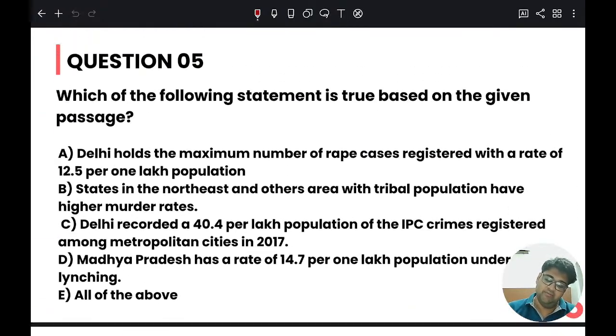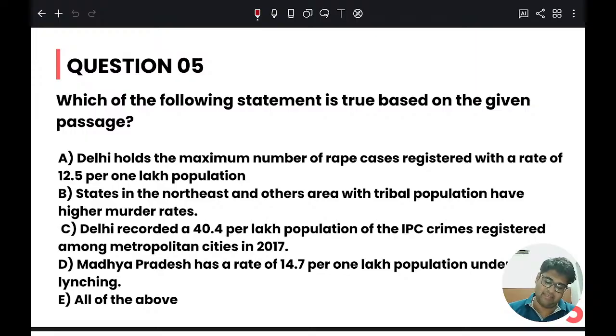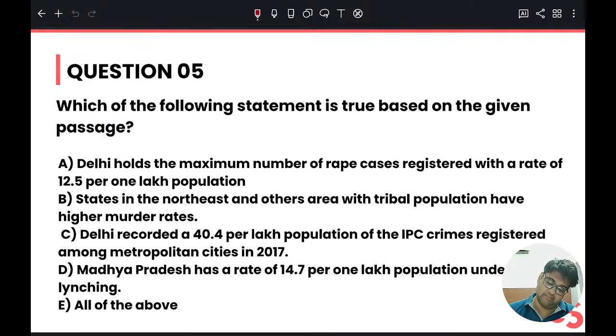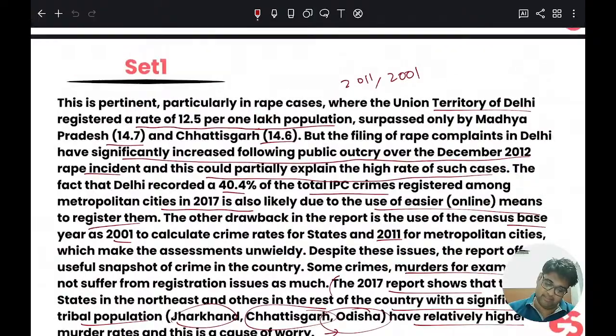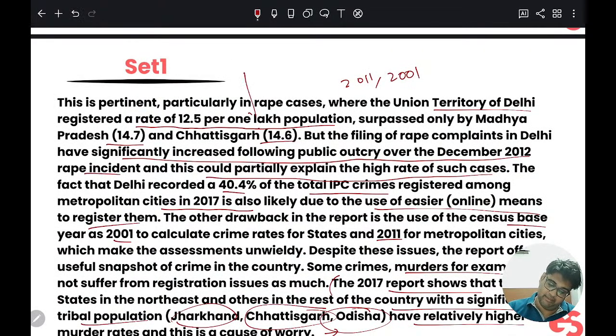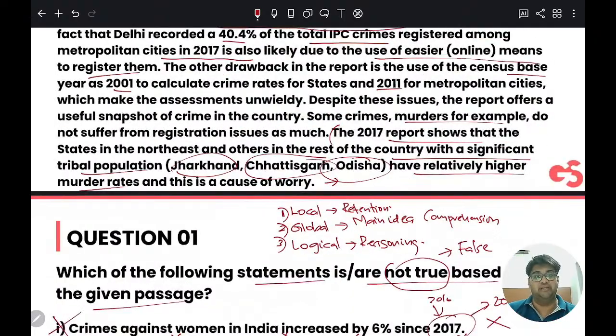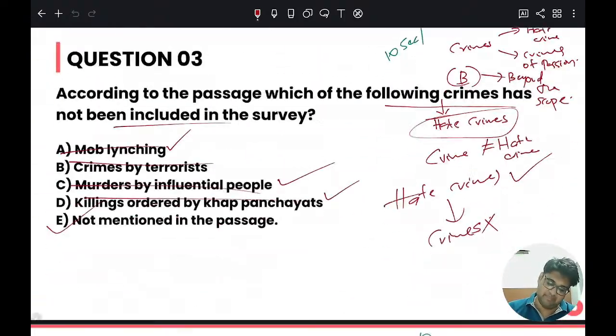Okay. Which of the following is true based on the given passage? Delhi holds the maximum number of rape cases registered with a rate of 12.5 per 1 lakh population. No, no, no. Because in this sentence, the Union Territory of Delhi rate 12.5 is surpassed only by Madhya Pradesh and Chhattisgarh. See, Madhya Pradesh and Chhattisgarh have a higher rate in the case of rapes.